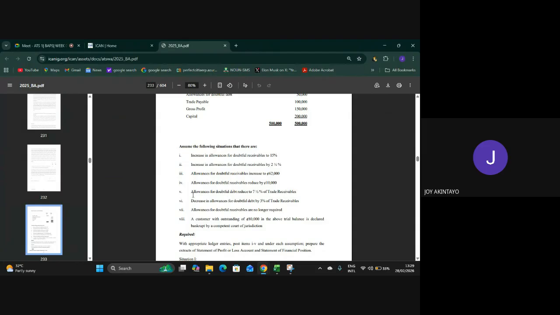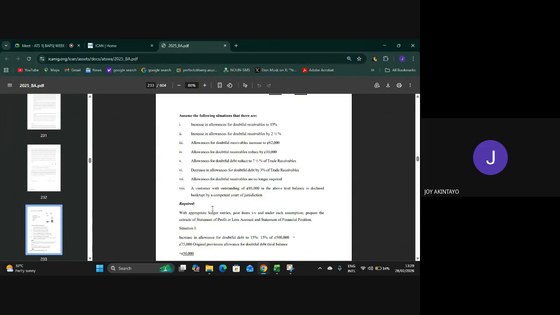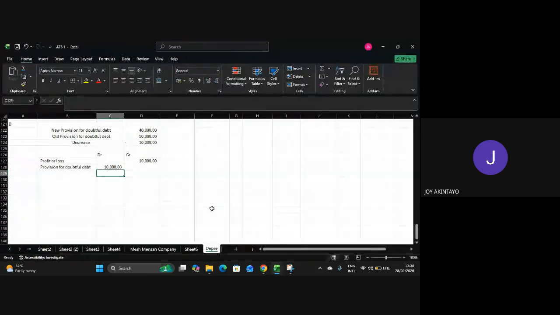They said allowance for doubtful debt reduced to 7.5% of trade receivable. It means we are to reduce from 50,000 now to 7.5% of our trade receivable. So we need to calculate the decrease first.